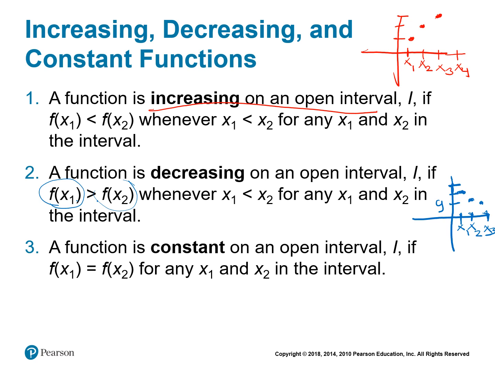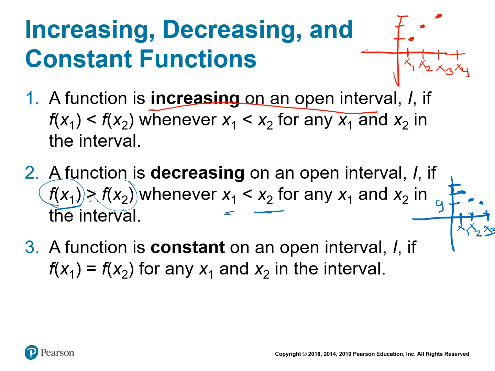So whenever x1 is less than x2, the corresponding y values would be greater. So f of x sub 1 should be greater than f of x sub 2, whenever x sub 1 is less than x sub 2.